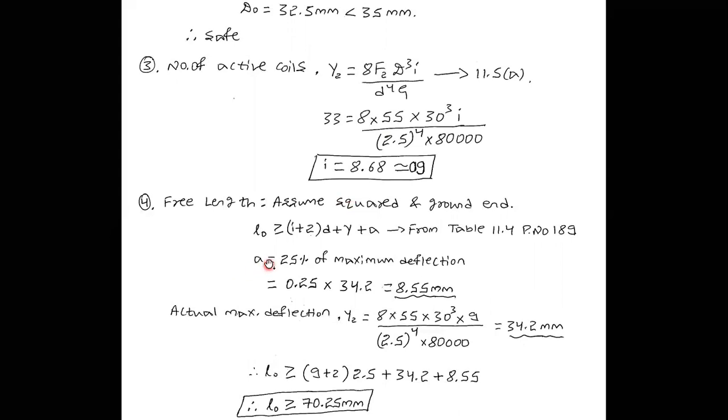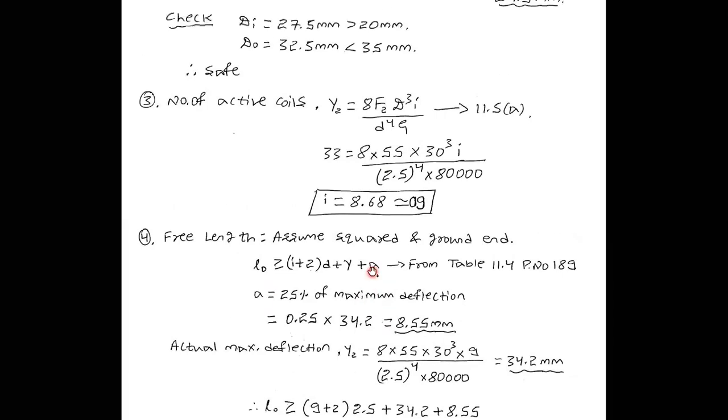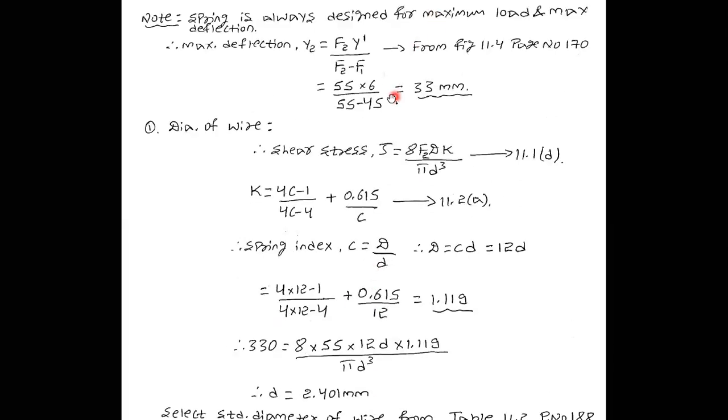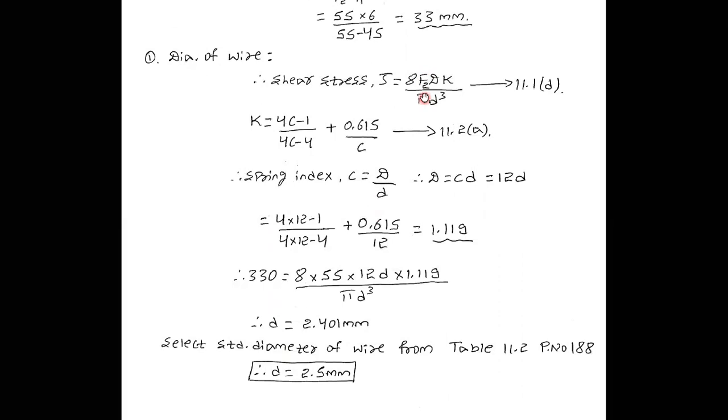This is one formula, or you can use a equal to x into d into I. Now I will use a equal to 25% of the maximum deflection, where the maximum deflection we have obtained as 33 mm.